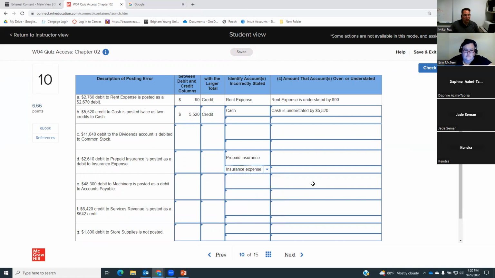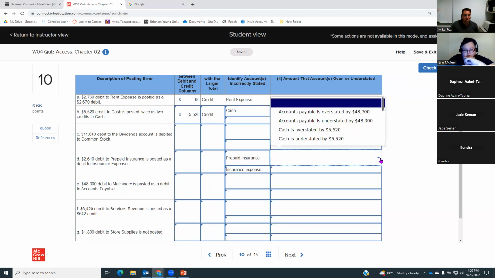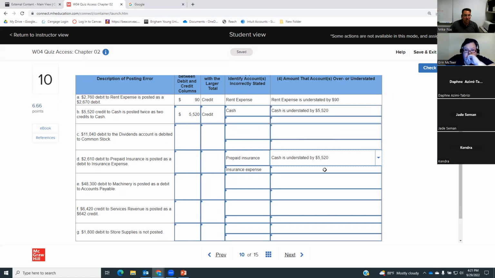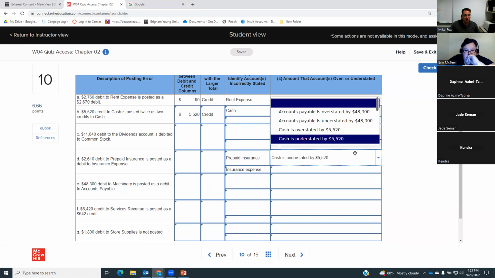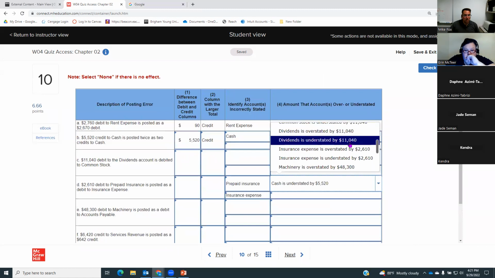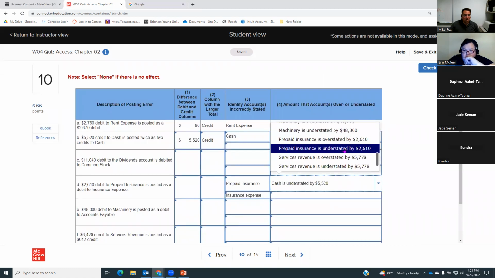So both of those accounts will be wrong, because I wanted to debit prepaid insurance 2,610, but I didn't. I debited insurance expense. Prepaid insurance is an asset. A debit to that account would have increased it. So by failing to increase it, I'm going to say prepaid insurance is understated. Oops, not by 5,520, by 2,610.